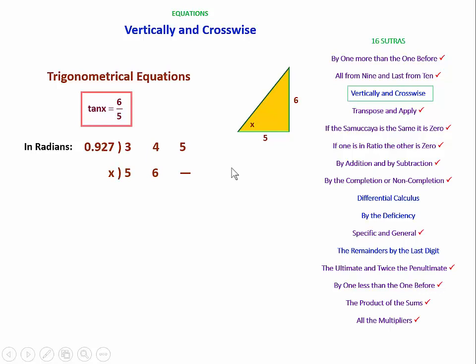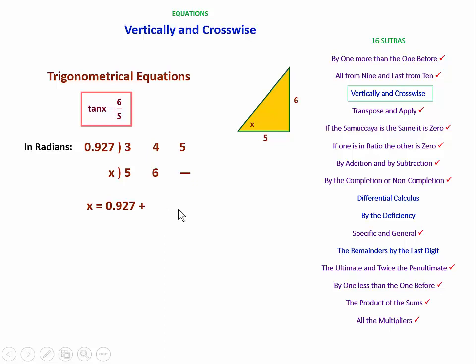We now put our other triple underneath it, so we've got x, 5, 6, and we can get the answer to this triple using the known one, using vertically and crosswise. So what we need to do is to make an adjustment to that 0.927 that will give us the value of x.